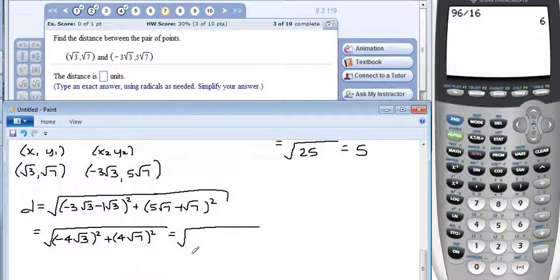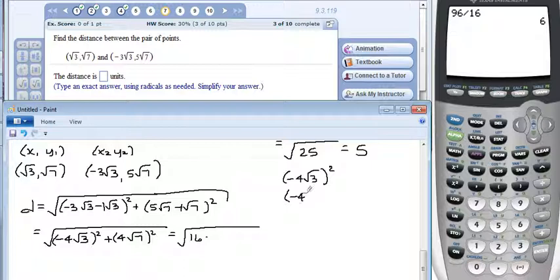All right. I'm squaring both of these pieces here. So the negative 4 squared is a positive 16. And a square of a radical, okay, so here, let me do this. Sometimes I have a hard time if I don't write everything down.